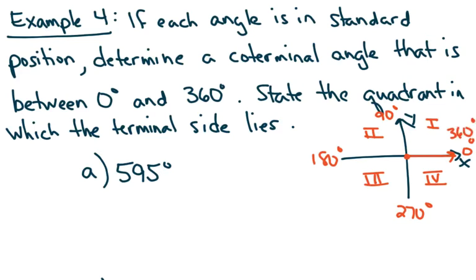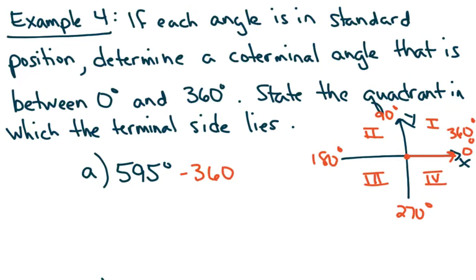So in order to find an angle between 0 and 360, the first thing I want you to do is look at the number you're given. You're given 595 degrees, which is bigger than 360. That means I'm going to need to subtract 360 to get something smaller. And every time, we're always going to go in a complete circle, so you will always either add or subtract 360.